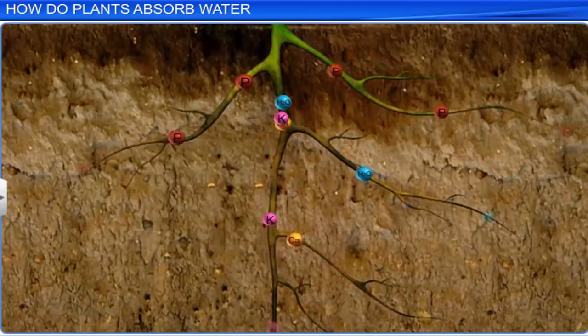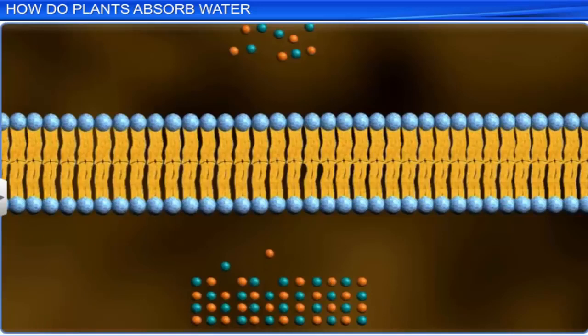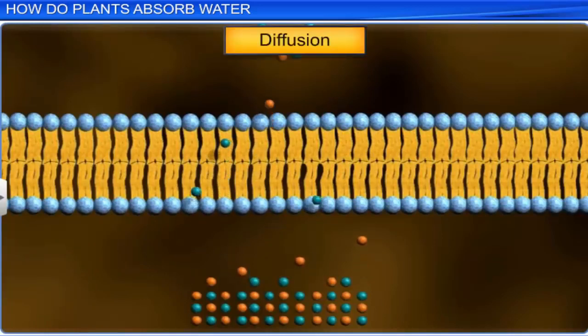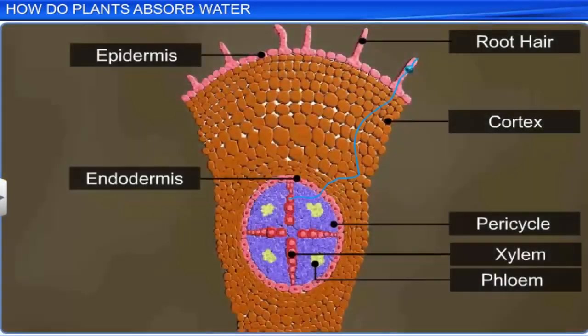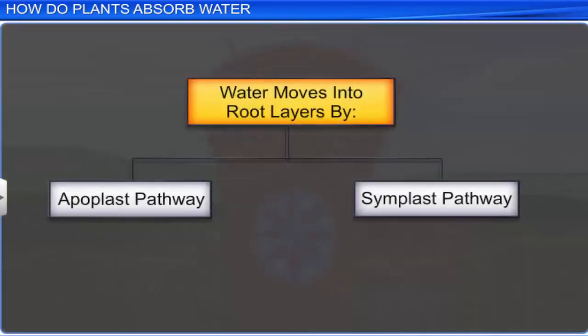These root hairs not only increase the surface area for absorption, but also assist in water absorption through diffusion. After water is absorbed, it moves deeper into the root layers by one of 2 pathways, apoplast and symplast.